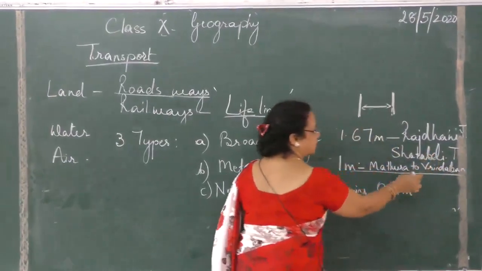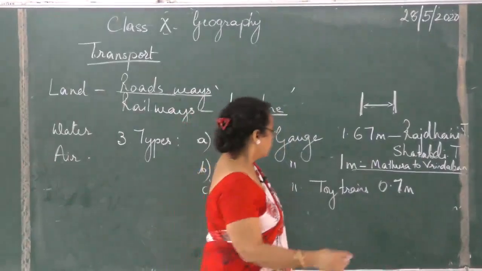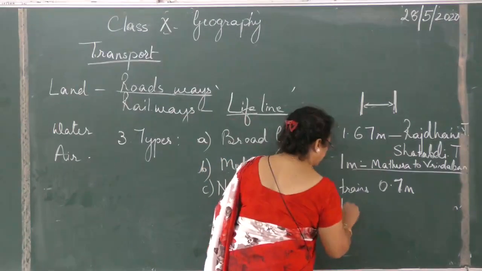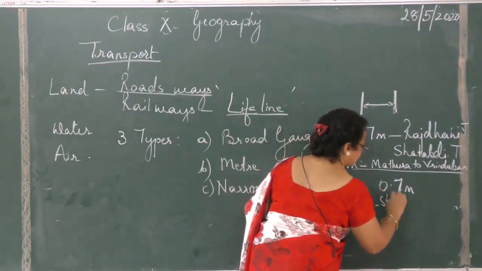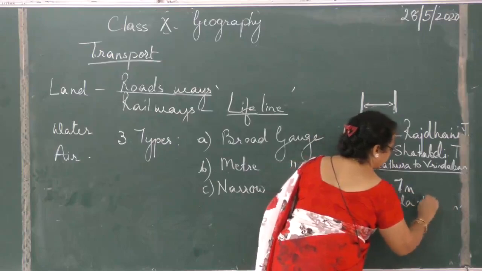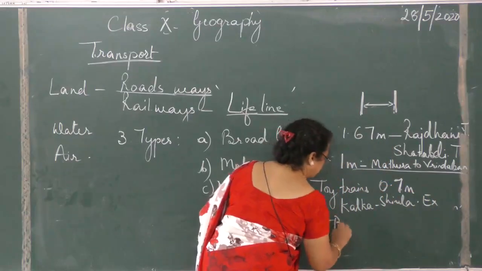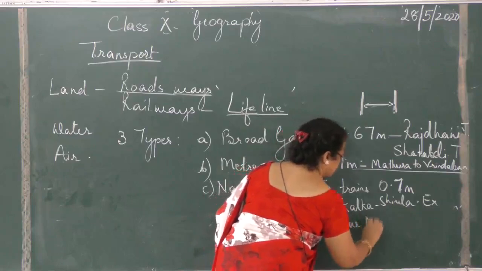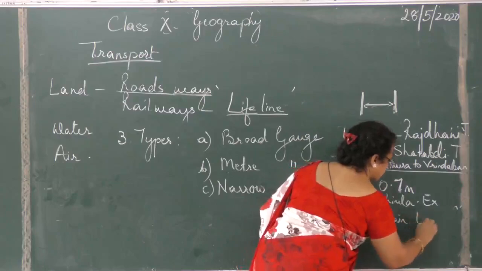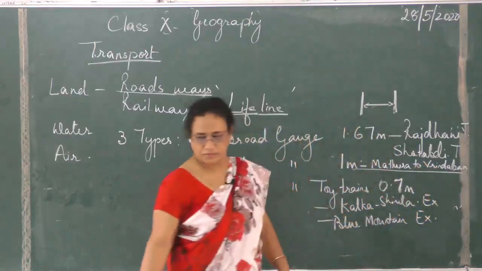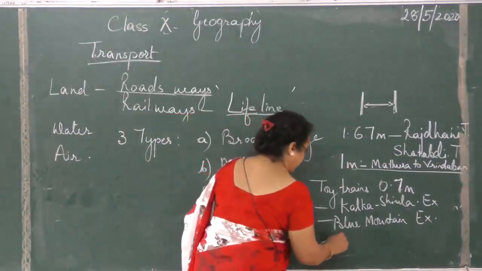These examples are not given in the book. And the third, toy train, what I told you, Kalka Shimla Express, okay. Then you have the Blue Mountain Express. And the Darjeeling one also you can write down.